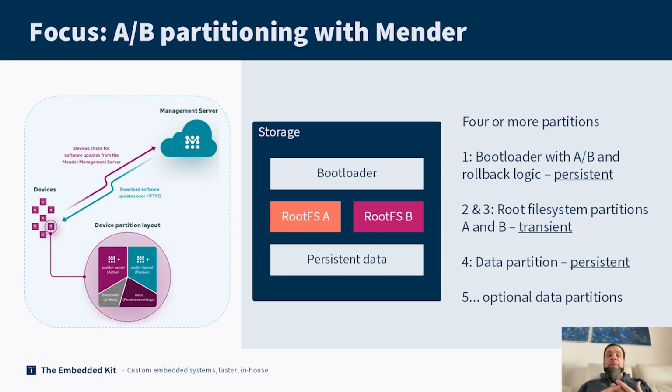Let's talk a little bit about partitioning now specifically, because having just A and B partitions, that's like the 30,000 feet view. There are two partitions and all of the rest magically falls into place. In reality, it is, of course, not that easy, and you want to have at least 4 partitions by default, with one of the partitions possibly being kind of hidden.